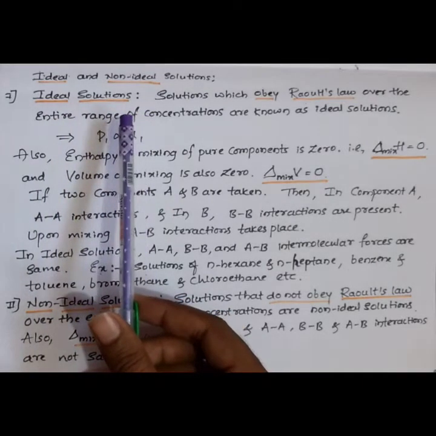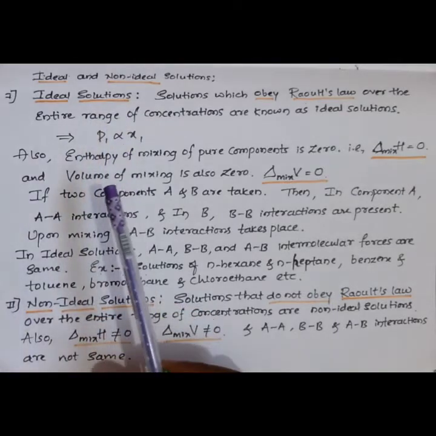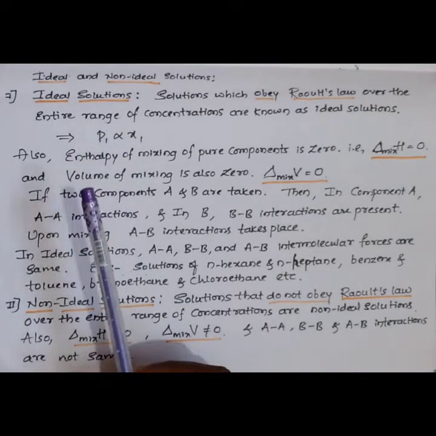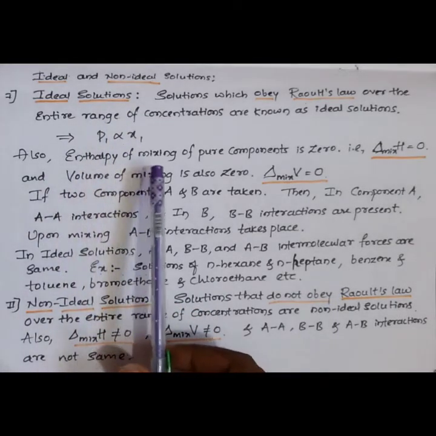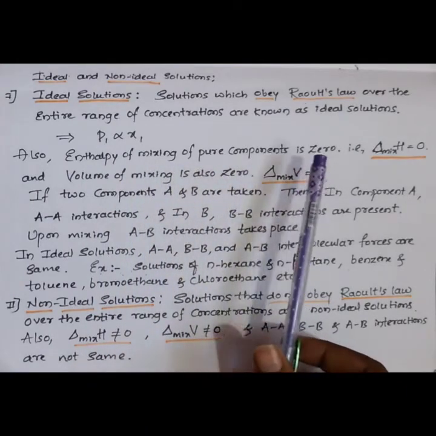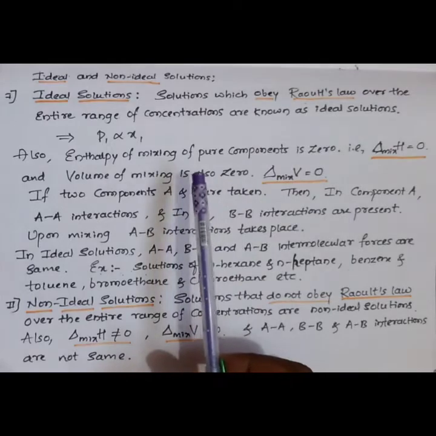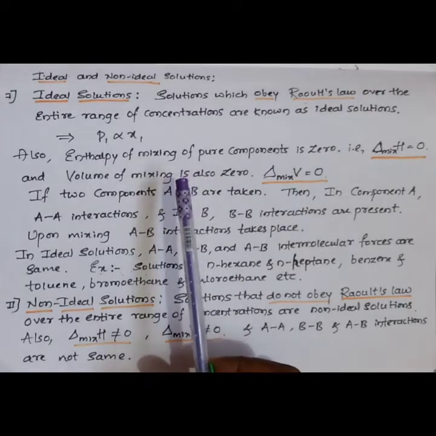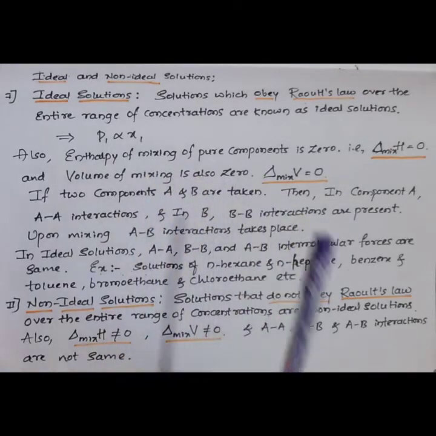And these ideal solutions have some properties, like the enthalpy of mixing of pure components is 0. As you know, whenever we mix two or more components, either heat is released or heat is absorbed. That means the process is either exothermic or endothermic.